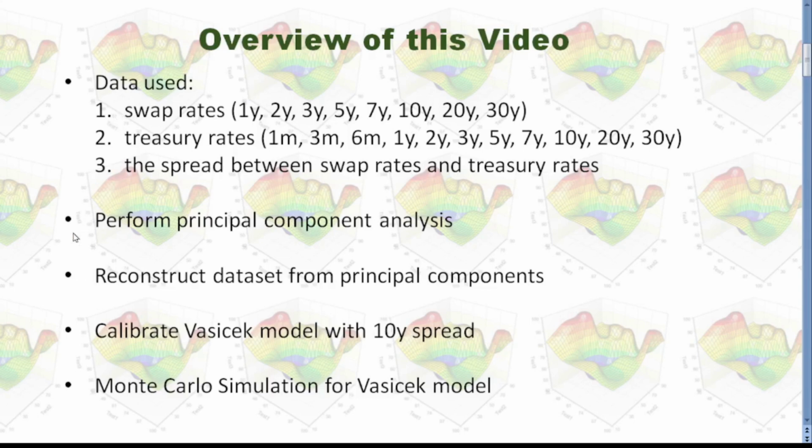And I will perform principal component analysis. I will reconstruct the data set from principal components, and I will calibrate the Vasicek model with the 10-year spread. Finally, I will run Monte Carlo simulation for the Vasicek model.